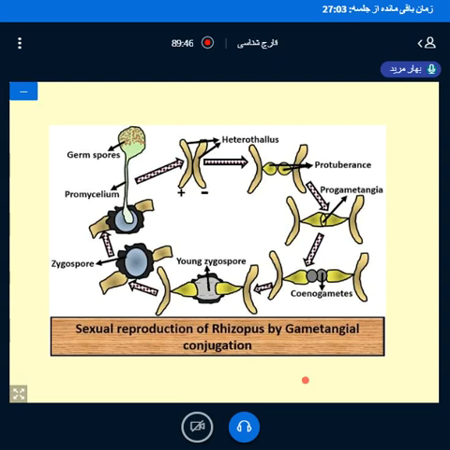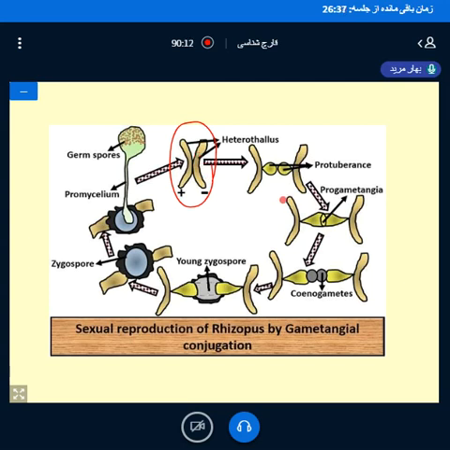Sexual reproduction of Rhizopus is shown in this slide. Two mating strains, plus and minus. These are compatible strains.